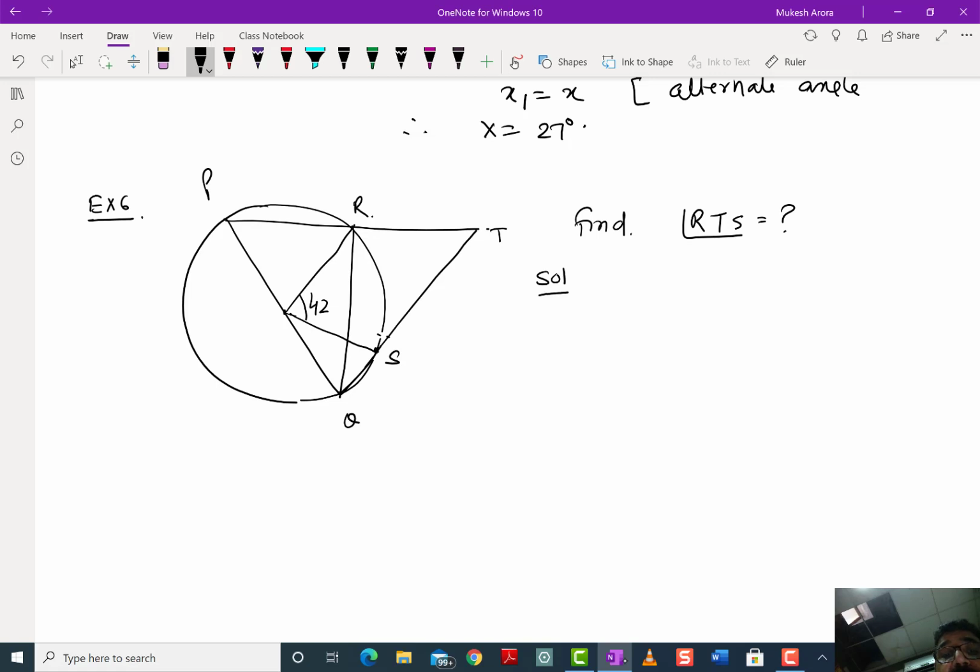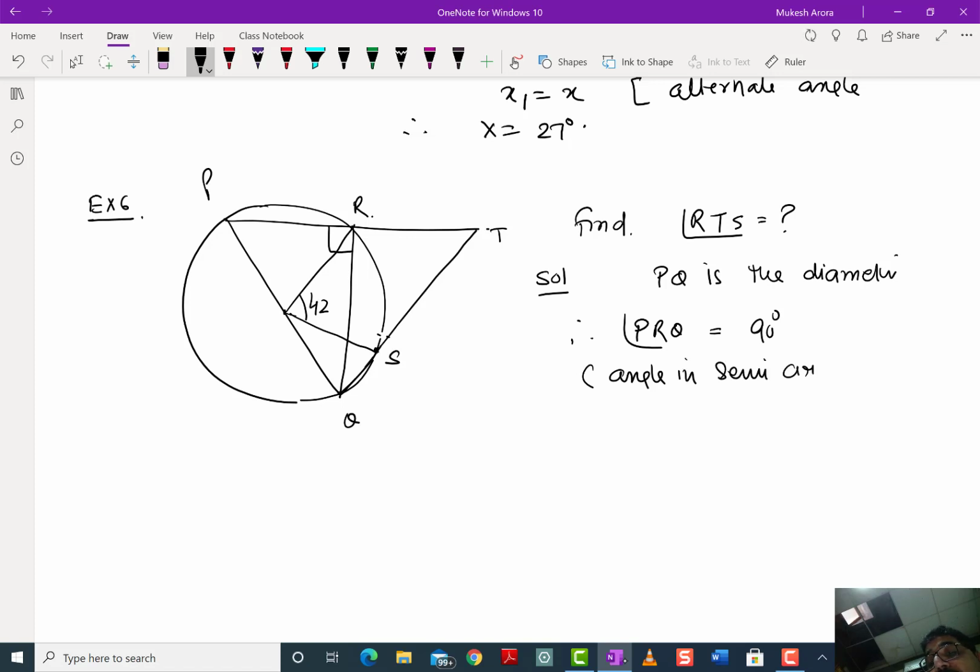Solution. PQ is the diameter. Therefore, angle PRQ is equal to 90 degrees. Angle in semicircle. 42.